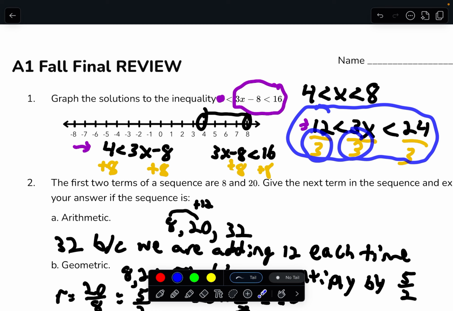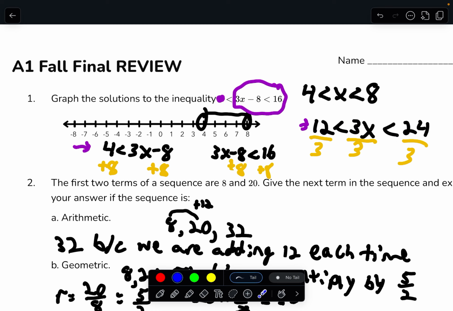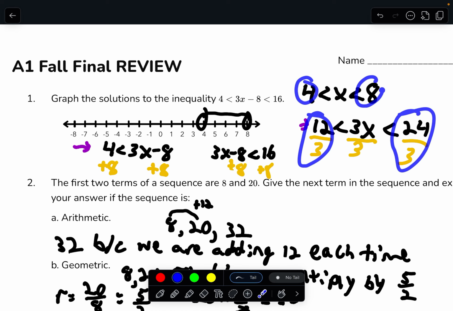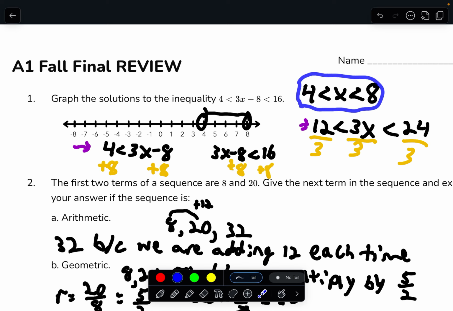Notice I'm doing it to all 3 sides, just like we added 8 to all 3 sides of the compound inequality. Again, this is the newest thing, so I can understand you might be a little bit verklempt about it. So 12 divided by 3 is 4. 24 divided by 3 is 8, and so that's the solution of that compound inequality.